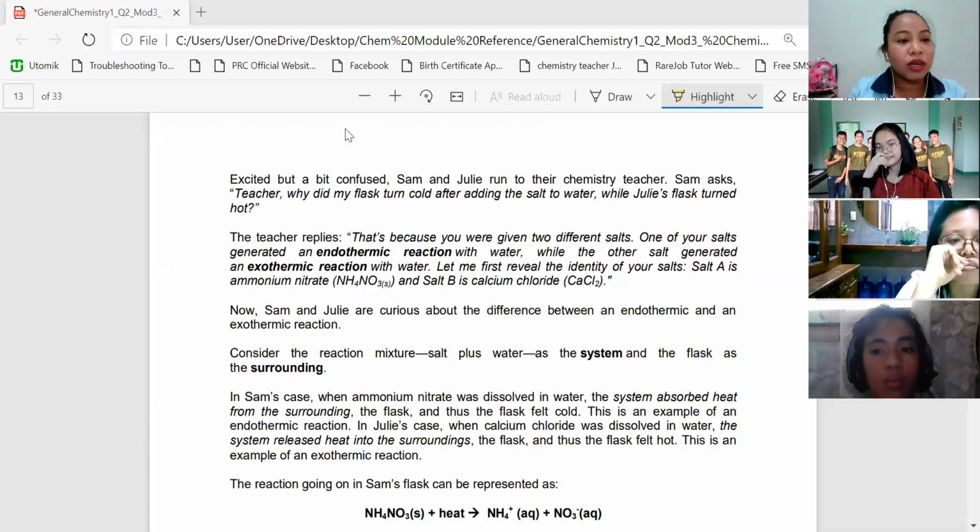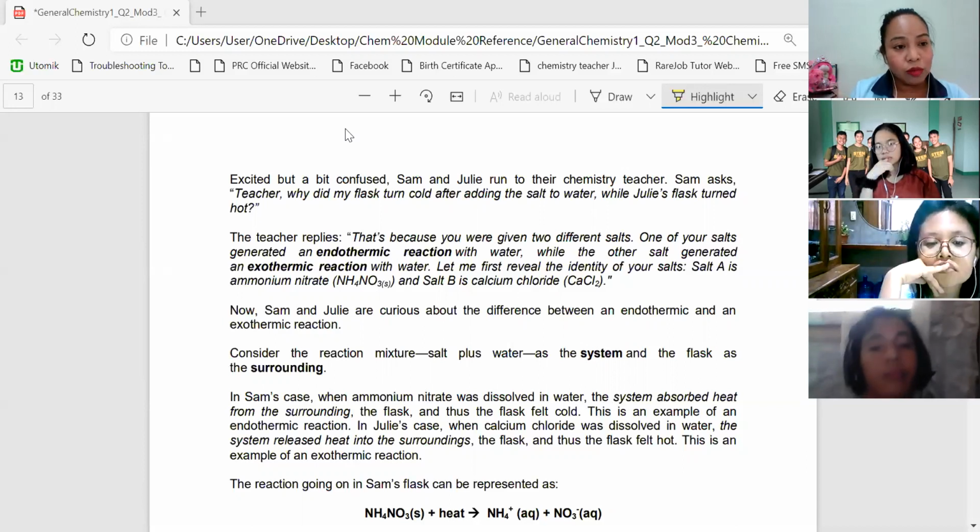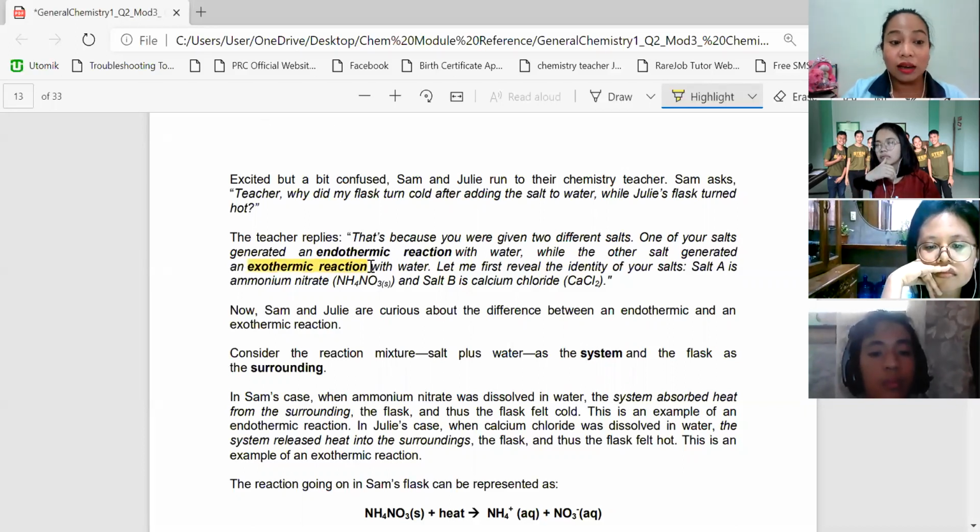So nadugang tong gi-release nga energy pag break ni oxygen sa molecule sa detergent dito sa product. So, nag-produce ang chemical reaction of energy instead of using the energy. That is what we call exothermic reaction.